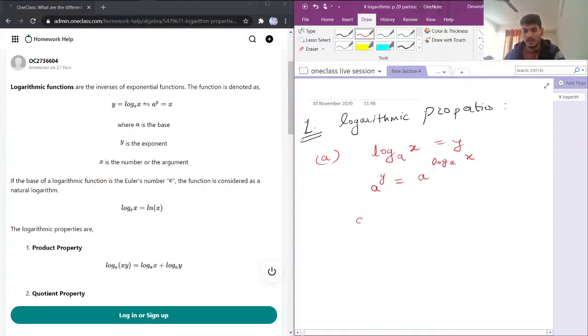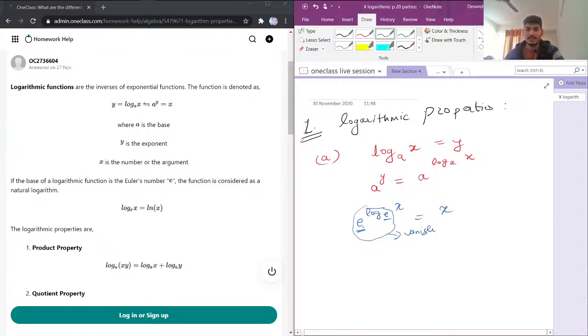Now, suppose I have e power log base e of x. If the power which we have raised to and the base of the log are equal, then this log kind of vanishes and we have only x here.